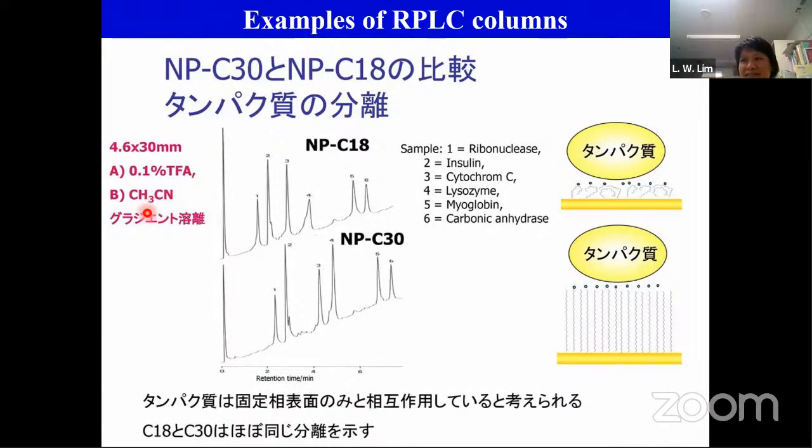Usually B is stronger to separate faster, but we need to reduce it here so that we can do the separation. So this is a gradient elution. Pressure is different, gradient is different, that's why it will have a different drift. Good question.